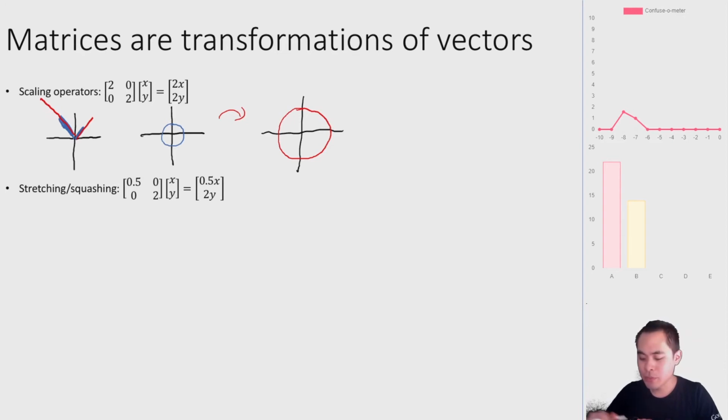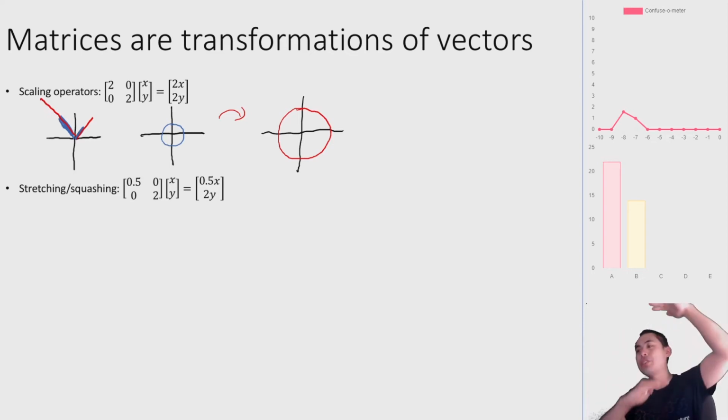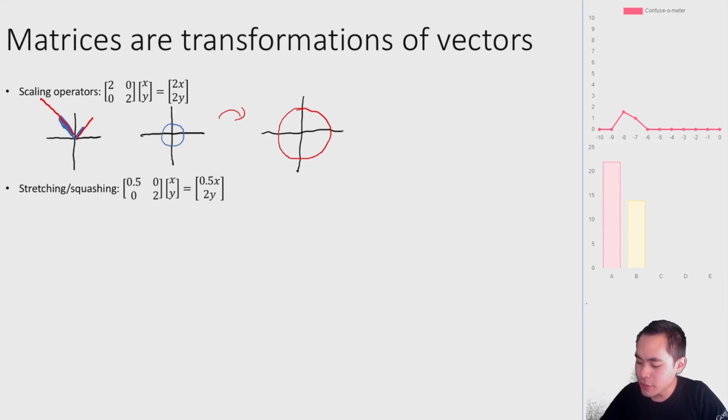You can also do more complicated transformations, like squashing and stretching. In this case, we have two coordinates, x and y, right, on the xy plane, and we're going to squash the x-coordinate and stretch the y-coordinate. If we start with this point here, we're going to squash it in along the x-axis. Remember, this is x and this is y. And we're going to stretch it out along the y-axis.